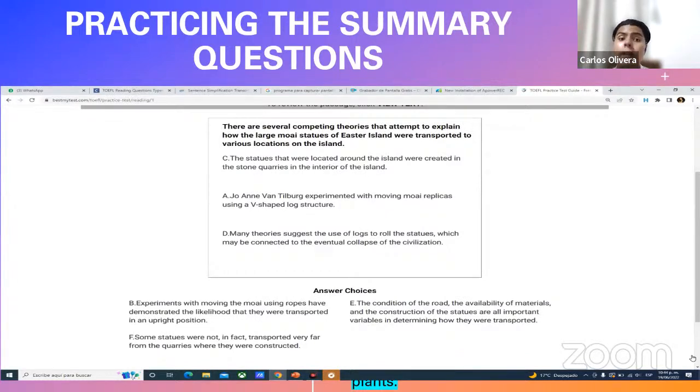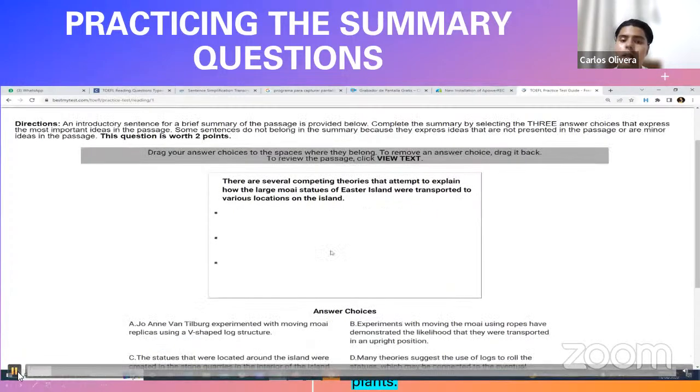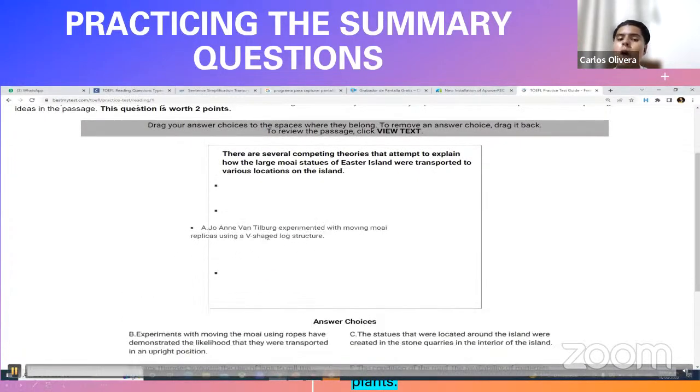But please be very careful, because I'm saying the main ideas of the passage. I'm not saying to summarize everything. The main ideas, okay? And as I say, sometimes it could also be 4 answers instead of 3. But the way you're going to know that is by reading the instructions at the top of the reply box.